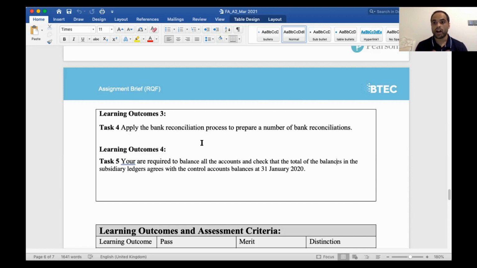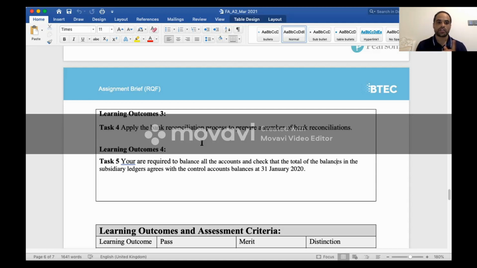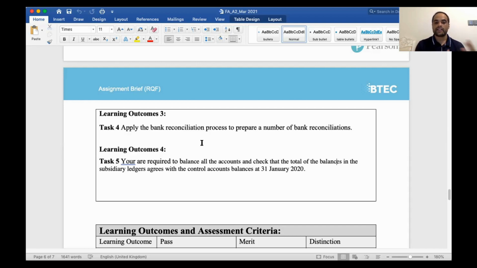You need to know how to prepare journals and ledgers, because in task 5 you may have to prepare some ledgers. And maybe you have to recheck some journal entries. The same thing applies to task 4. You may have to prepare some journal entries. So please remember the ideas, principles, rules and regulations that we have studied in relation to journal entries.